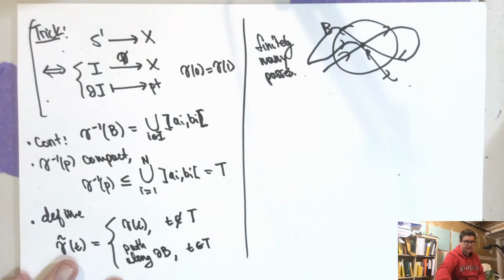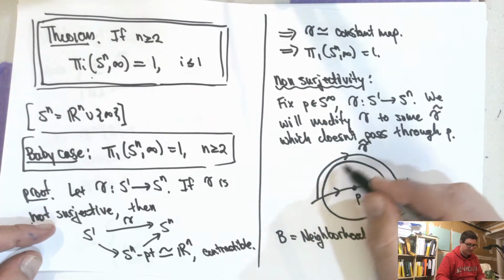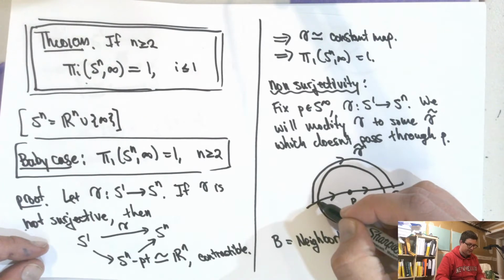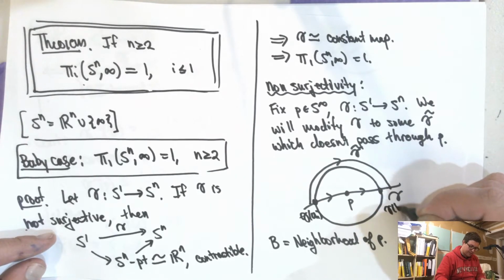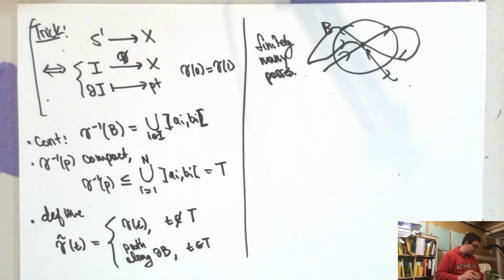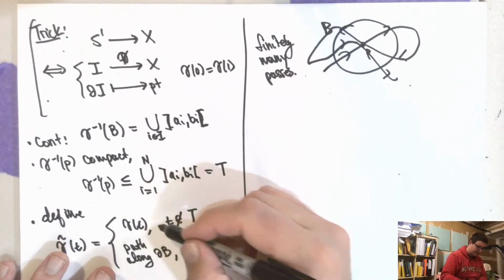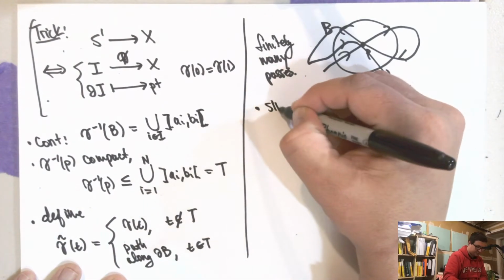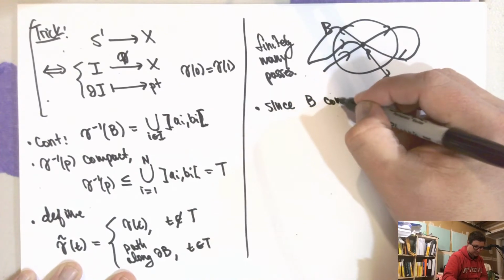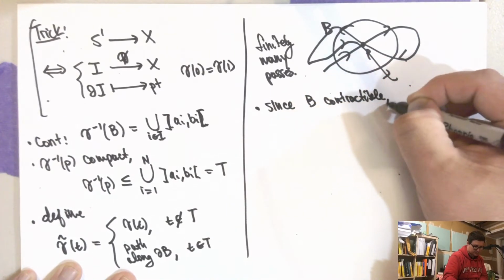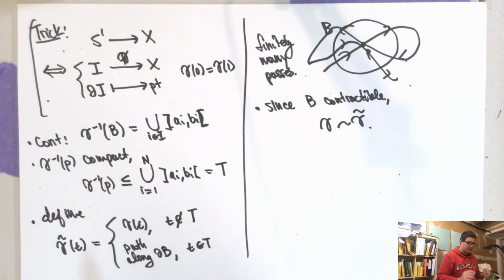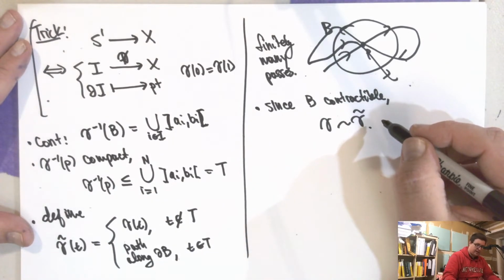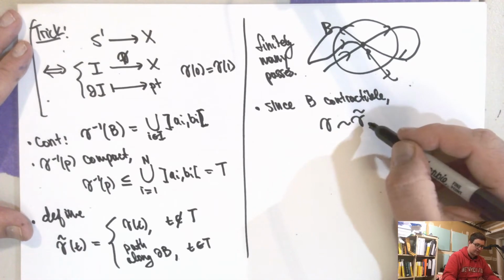So it's going to do exactly like we had in this picture here, except I'm going to draw it exactly on the boundary. So this is maybe gamma of a_i, and this is gamma of b_i, this point and this point. All right, and so we have this new path, and since B is contractible, we have that these two things are homotopy equivalent, and now we've produced a path homotopy equivalent to our original one that is not surjective.